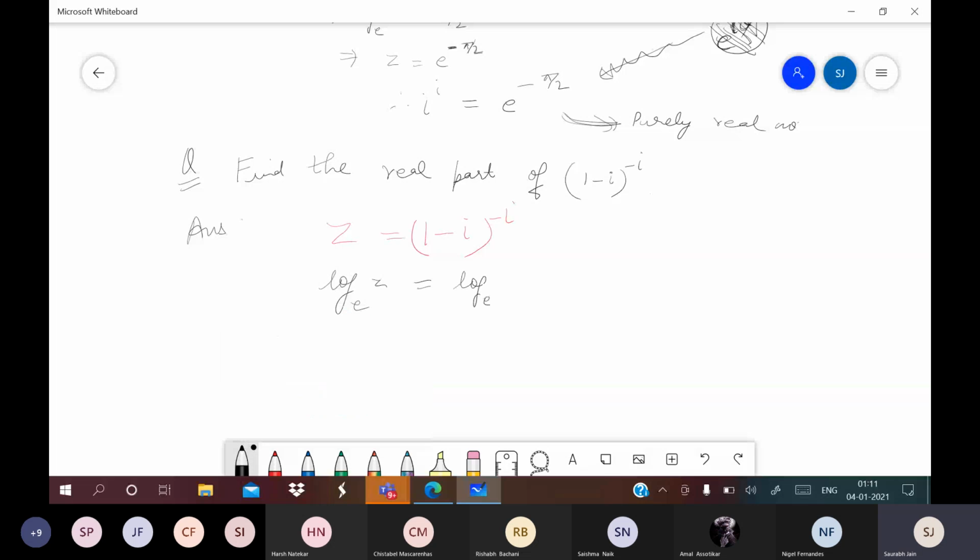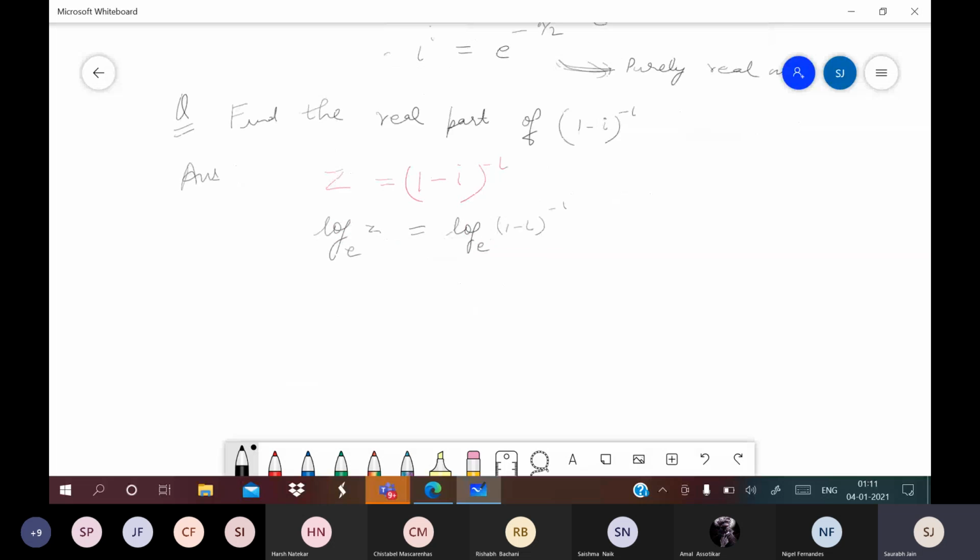So log of this number, then minus iota will come here using the property of log.